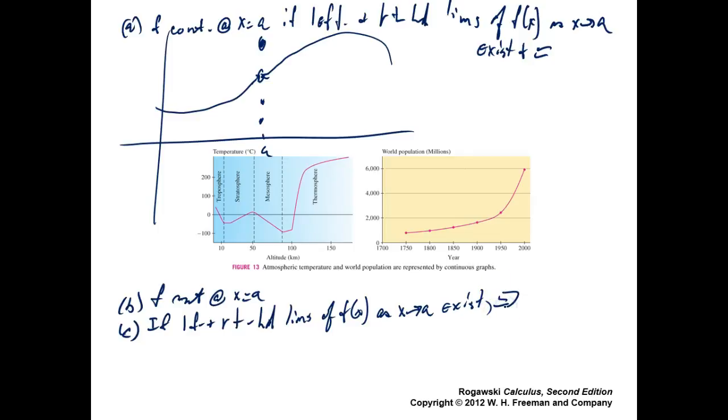Here's the result: f has a removable discontinuity at x equal a. That would be false. All it takes is for them to exist, then f has a removable discontinuity? Yeah, you're right, it is false.